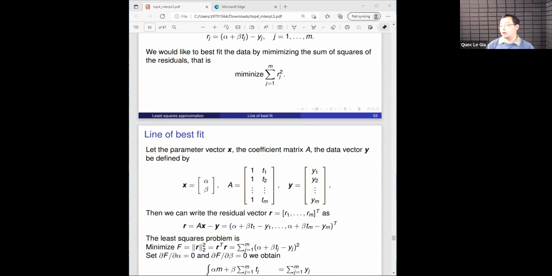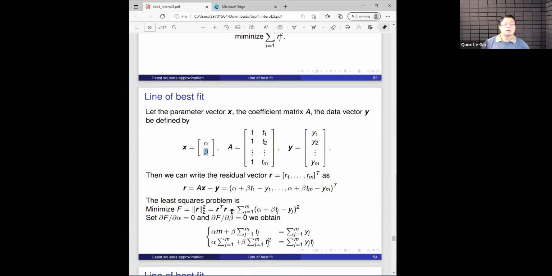Before we do it, we can write it in terms of a matrix A, the coefficient matrix: 1 T1, 1 T2, up to 1 Tm, multiplied by x. Here x is the unknown coefficients alpha and beta of the line. Then A times x minus y gives you the vector of the residuals. You can check this.